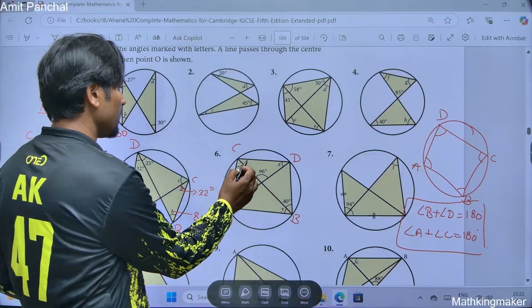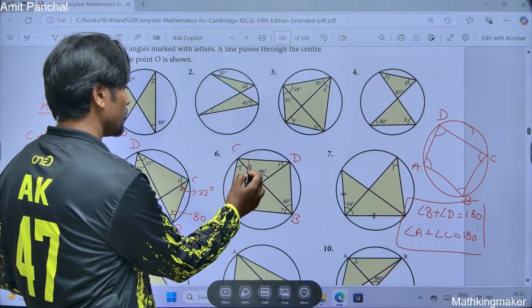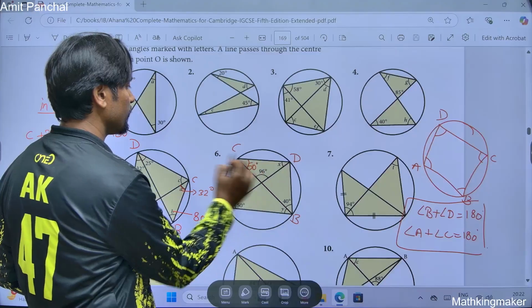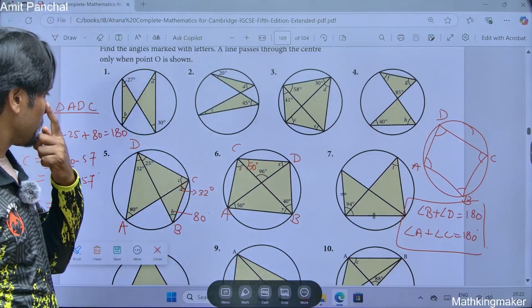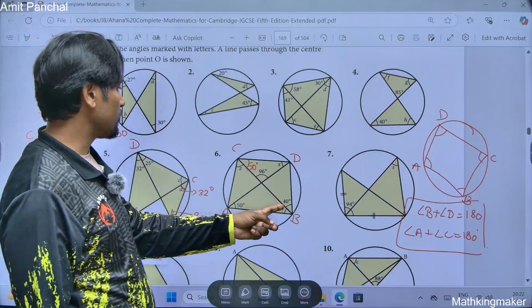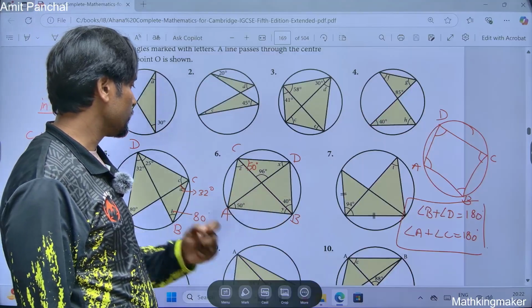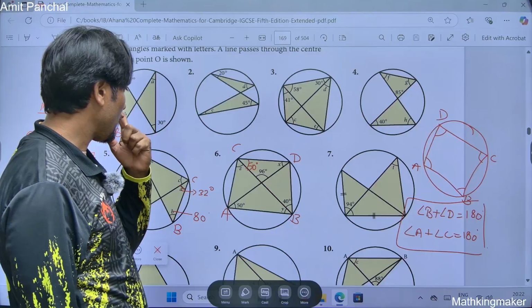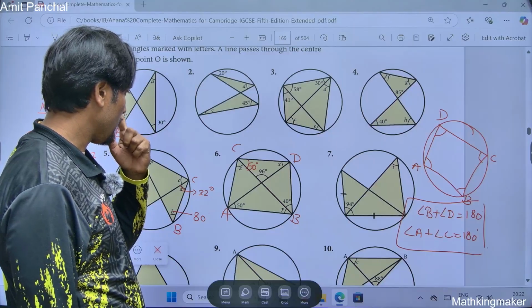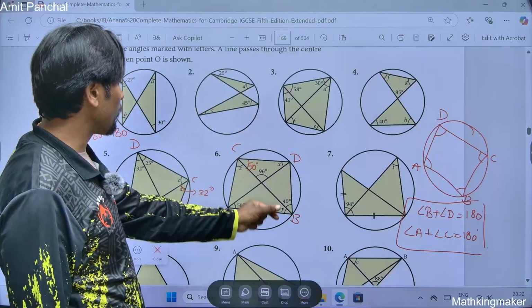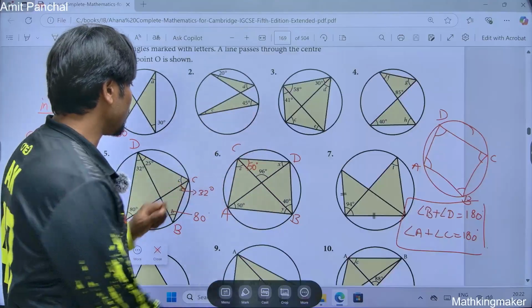It is making this angle also. That will be 50 degree. Okay. And just see about 40. So CD is making 40. CD is making this angle.